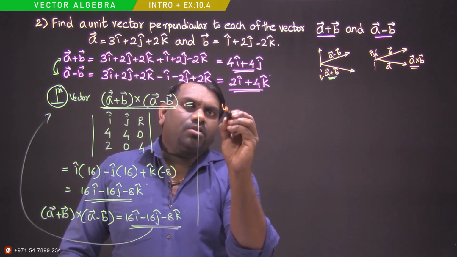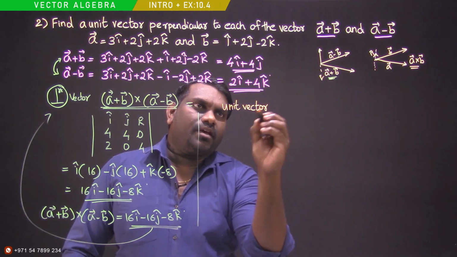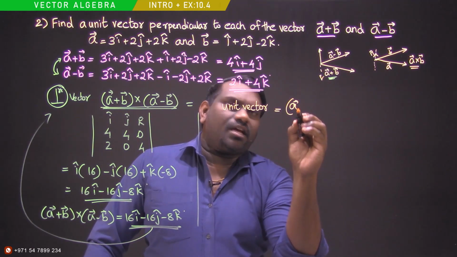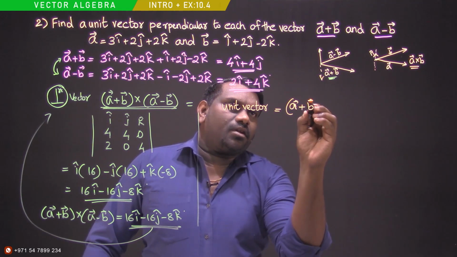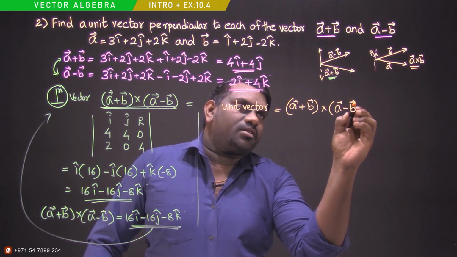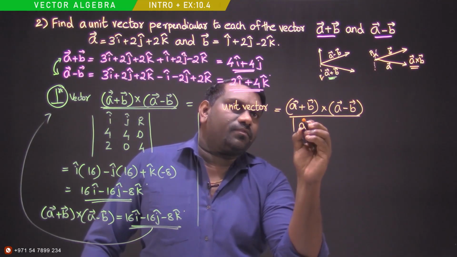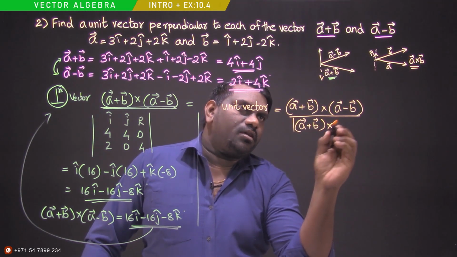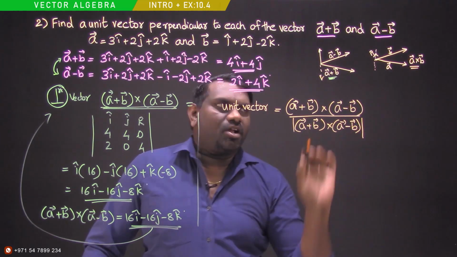So in order to find the unit vector, you take the same thing, which is a vector. ഞാൻ ഇത് വേരിയബിൾ ഒന്നും കൊടുക്കുന്നില്ല കേട്ടോ. I'm just using the same thing: (a vector plus b vector) cross (a vector minus b vector), divided by the modulus of this one.